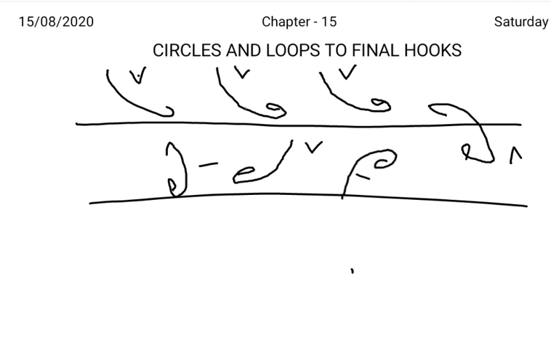So that NZ sound is represented by writing N hook and circle separately.